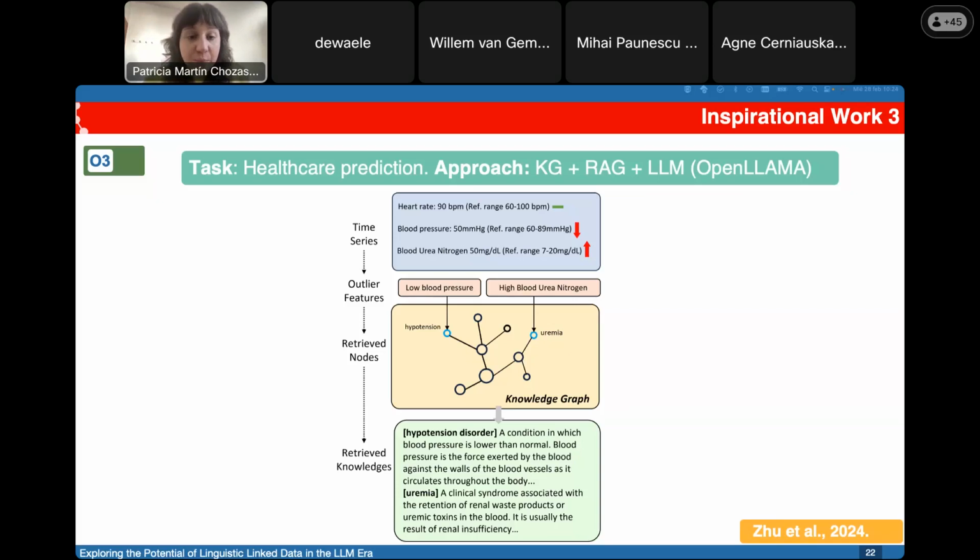And from the graph, they retrieve definitions of these entities, and by the way, they do this alignment by using hierarchical relations, which is also interesting. These definitions are then used to give contextual knowledge to refine the language model. And I think this is also a very interesting approach.